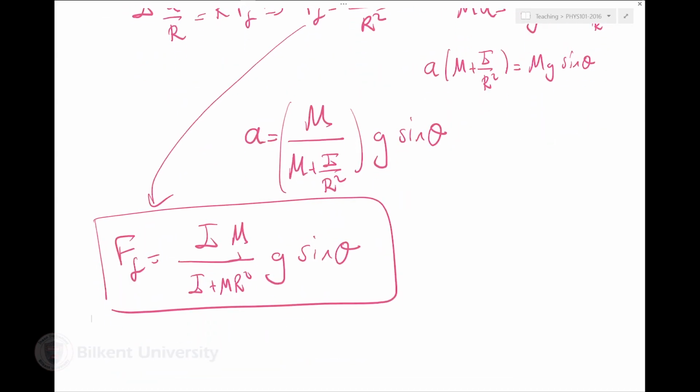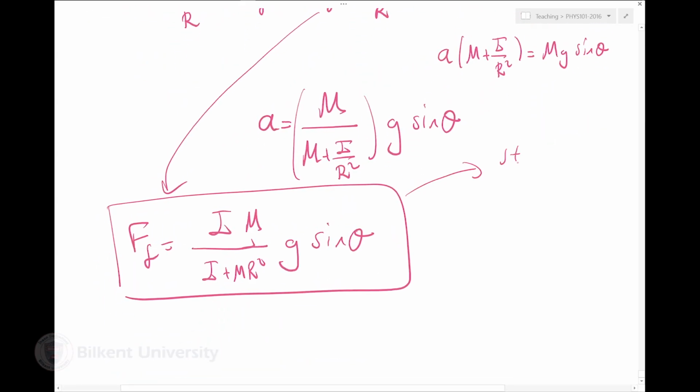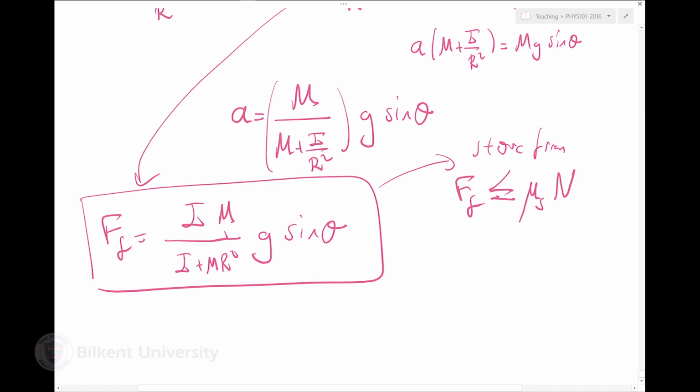So I know that this is static friction, and in static friction, the friction force magnitude must be less than mu static times N. So let me write this: I times m divided by (I plus m R squared) times g sine theta must be less than or equal to mu static times N, which was mg cosine theta.